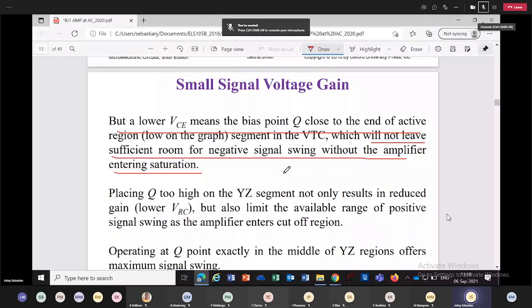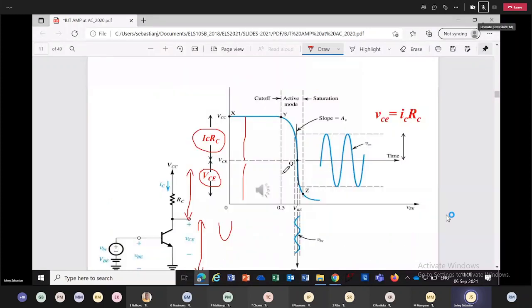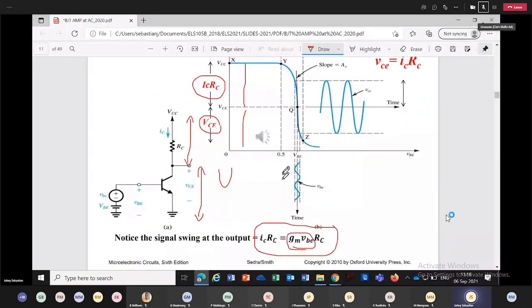Okay, what exactly does it say? For this BJT, if the signal at the output is entering saturation, that is the negative signal swing that is causing the problem.